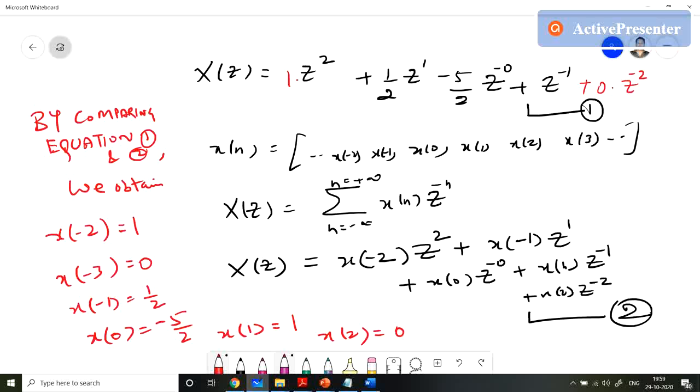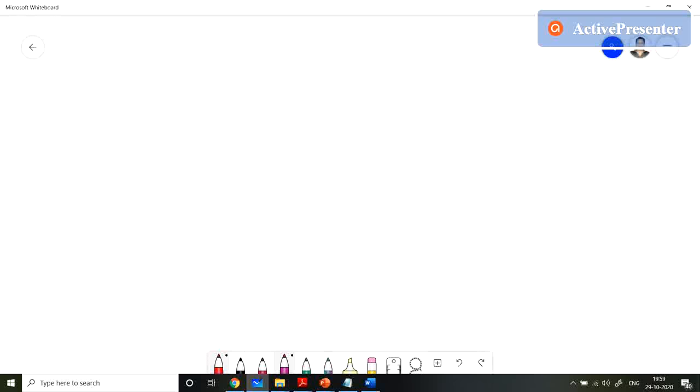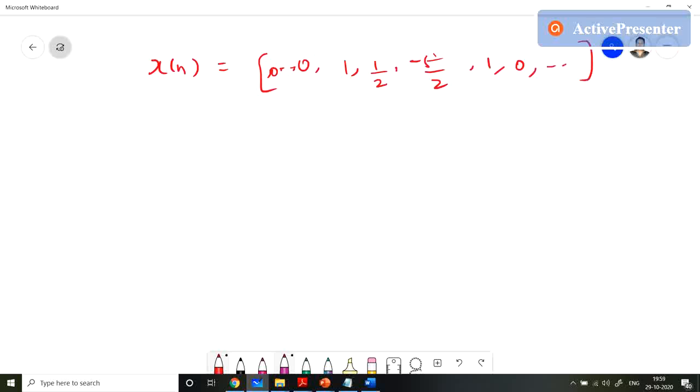So finally we can write x[n] as 0, 1, 1 by 2, minus 5 by 2, then 1, then 0, and so on.